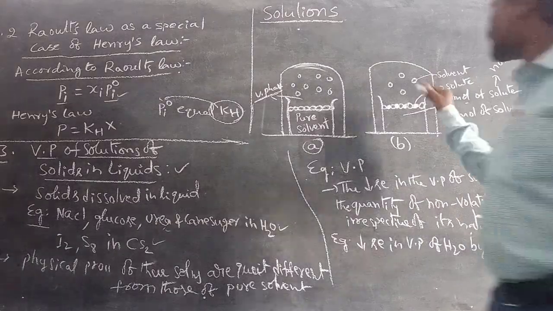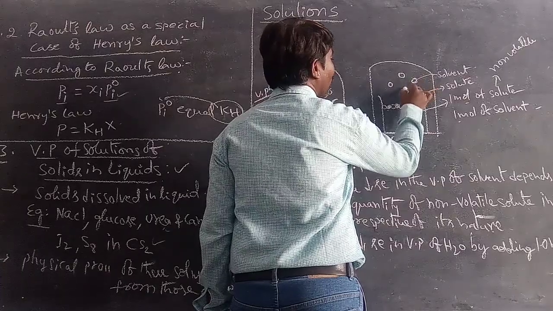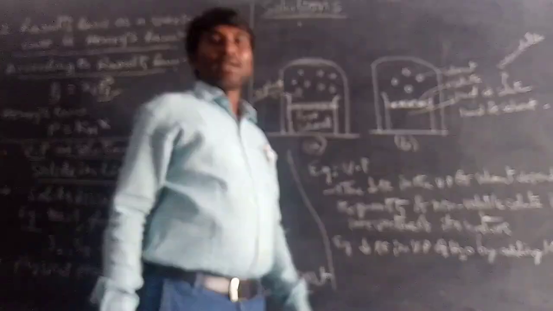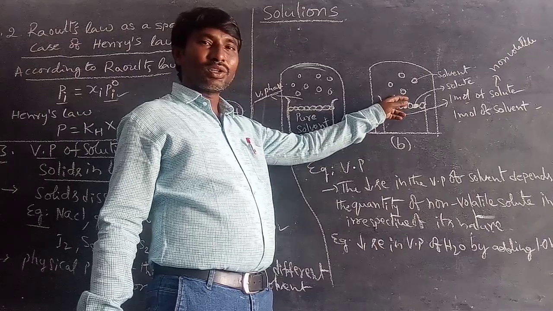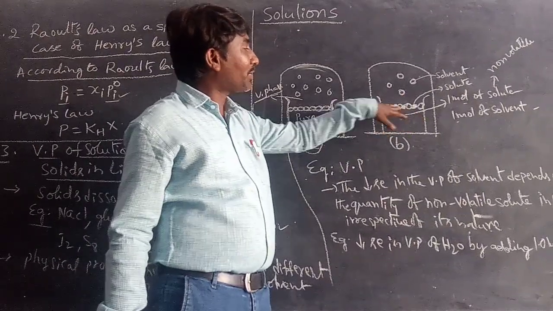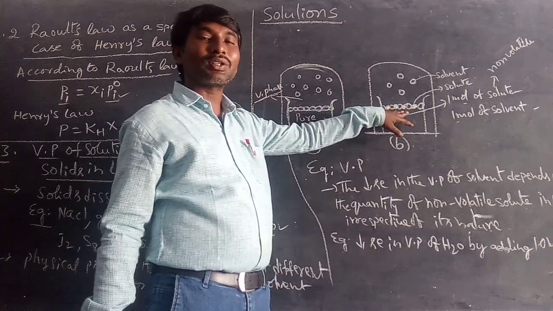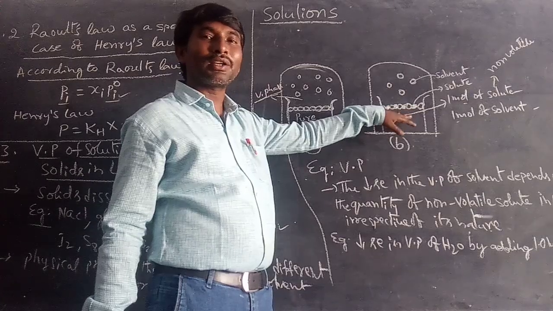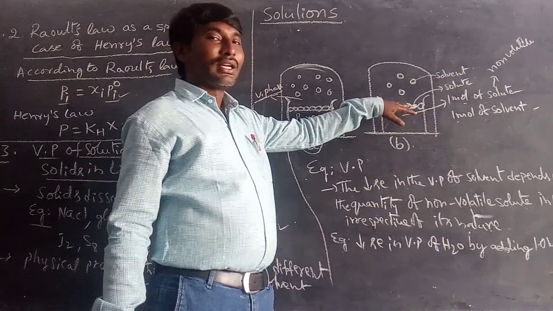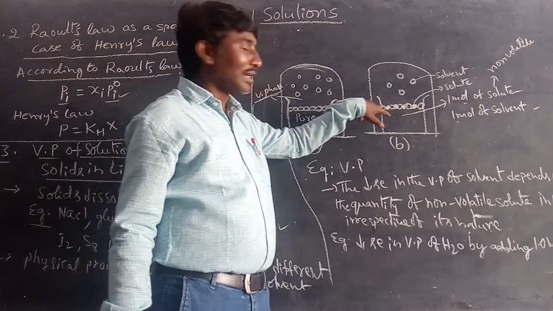So in this vapor state, how many? Only four molecules are present in this one. So why? Because the number of pure solvent molecules decreases on the surface of the liquid.